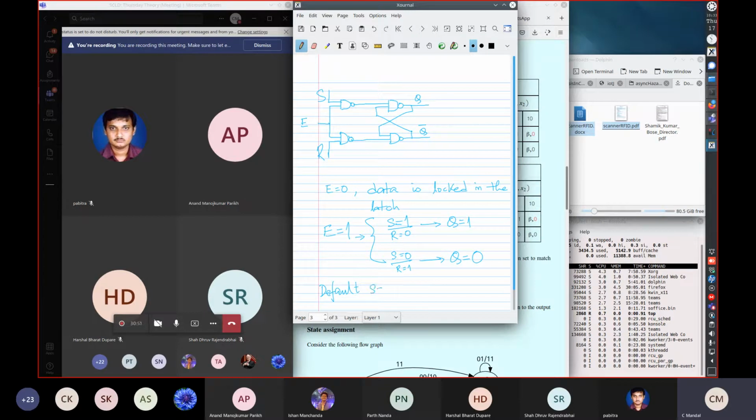Default is S equal to 0 and R equal to 0. That is the default, right? So if you wish to achieve that, a good way is to have this passive pull down.